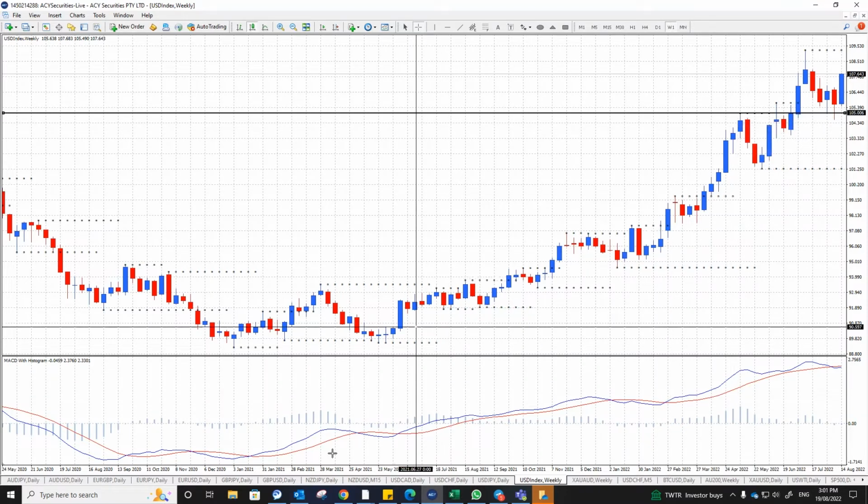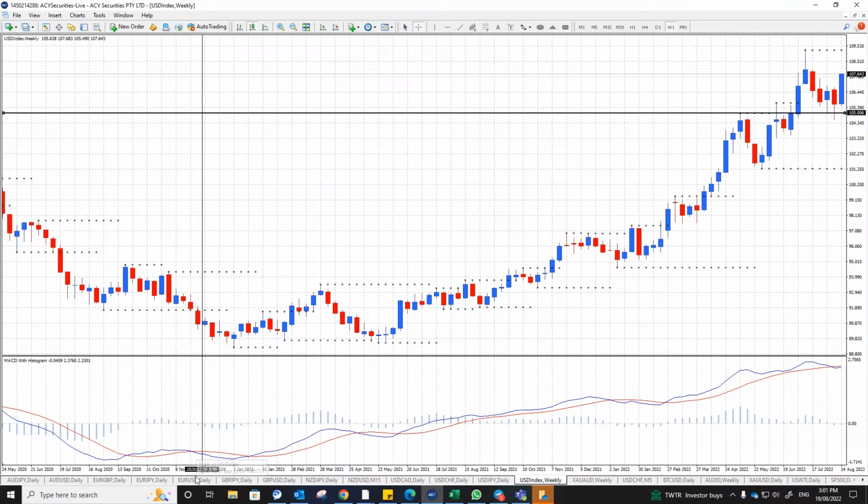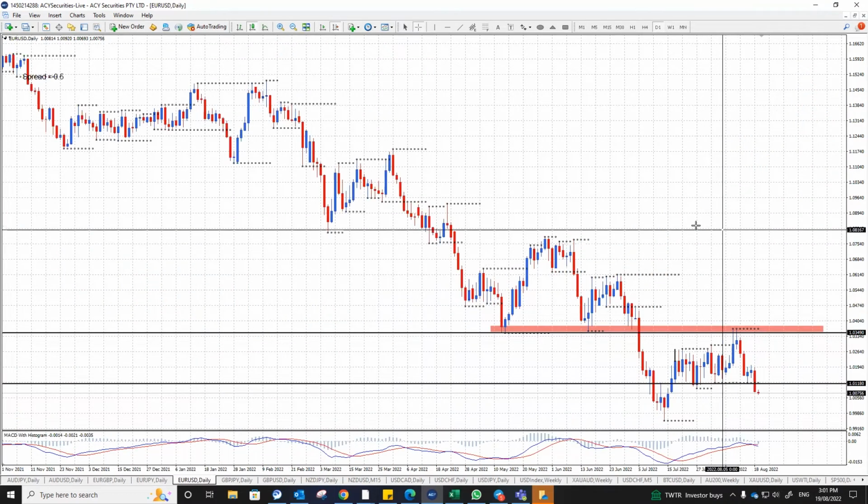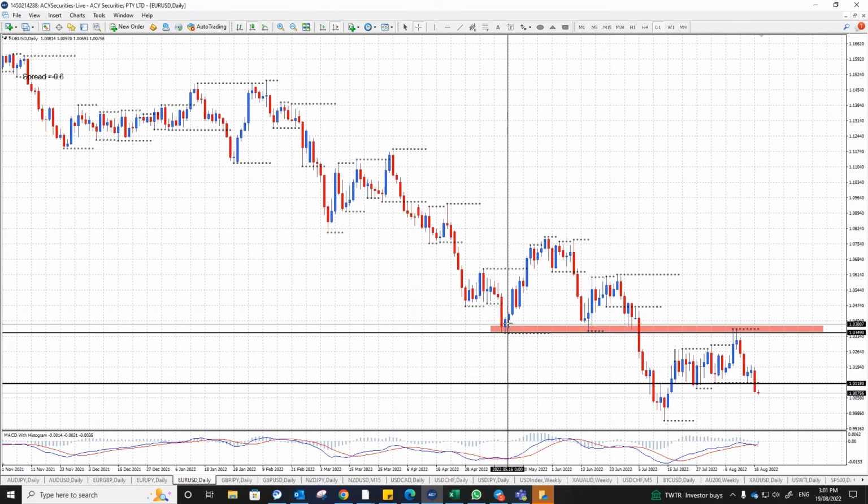So on Monday, Duncan posted out that trade on the euro dollar, and you can see this was the level. If we're seeing a correction in the US dollar, which is then going to continue in line with its trend, we're seeing the inverse reaction occur with the euro against the US dollar.